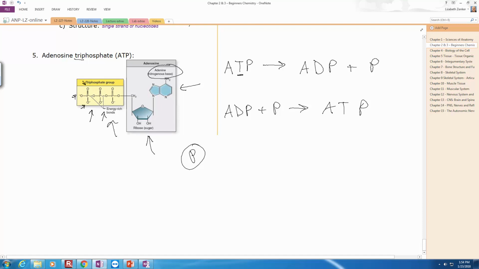Okay, what else do I want to tell you? The squiggly lines just mean a high energy phosphate bond can be broken to release tons of energy. Lots of energy when we break the bond. We need this kind of energy for almost all cellular activities. And again, we have adenine, ribose, and 3 phosphates that make up your ATP molecule.